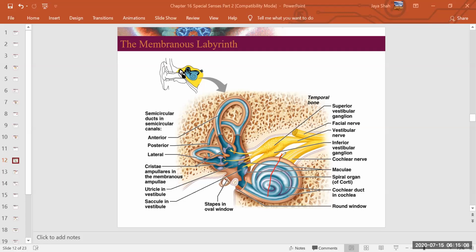Everywhere we're going to see space between the bony labyrinth and the membranous labyrinth, then the space in the membranous labyrinth, and then the space between the membranous labyrinth and the bony labyrinth again.